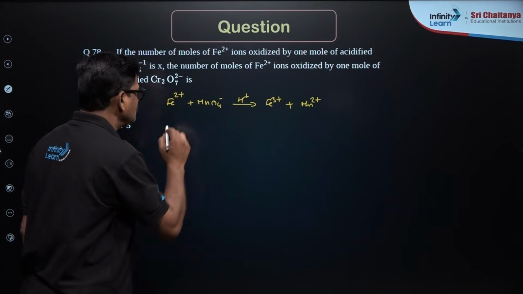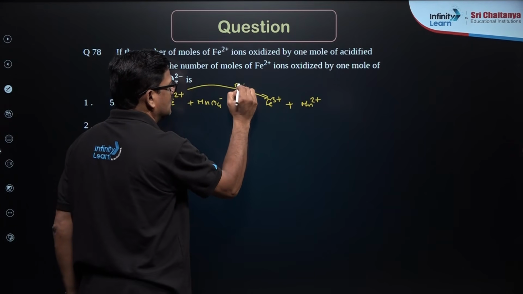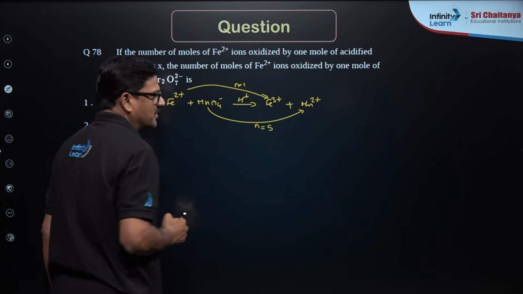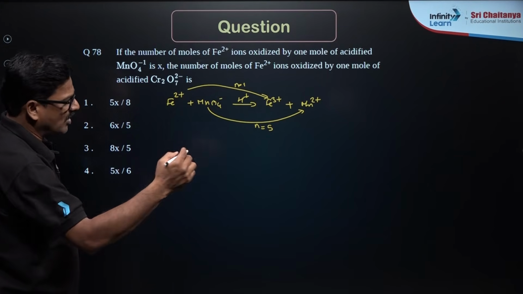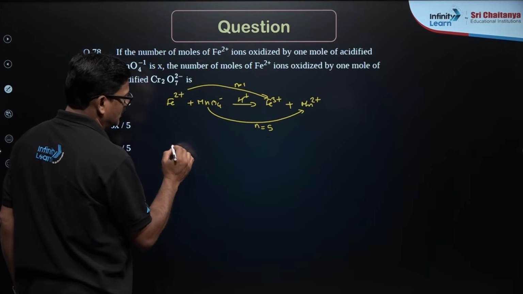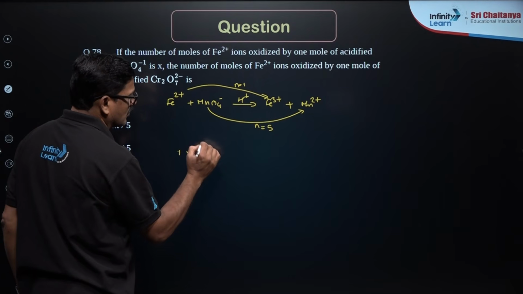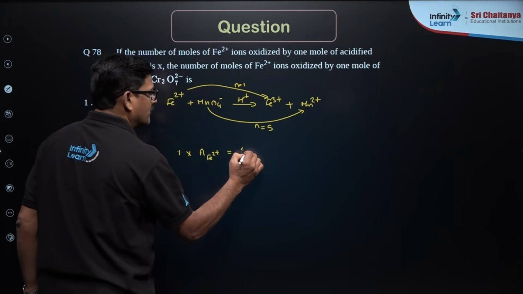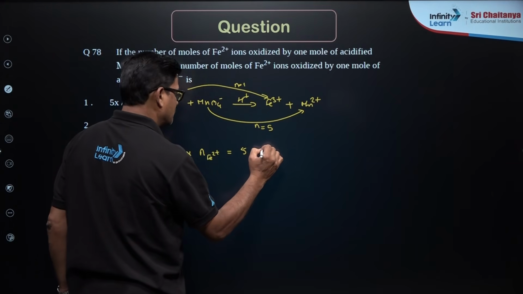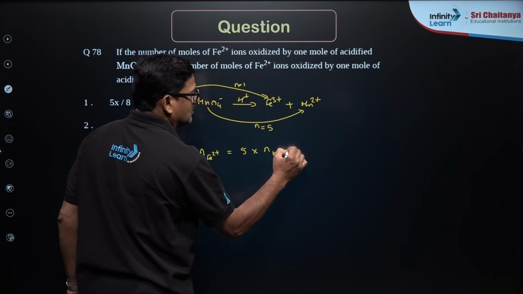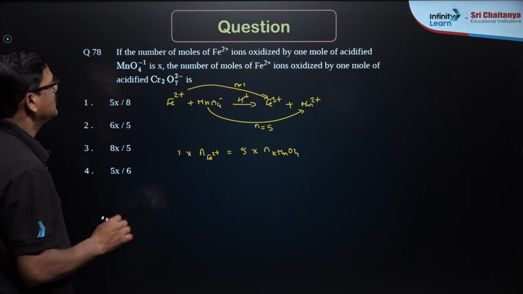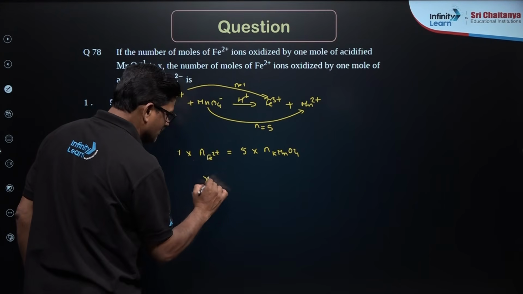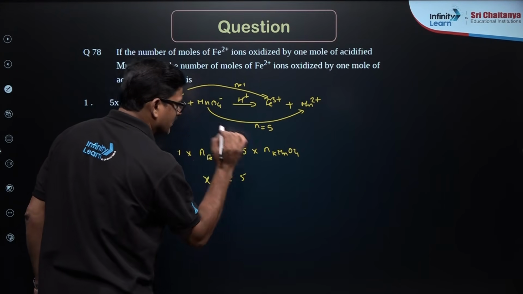From here n is equal to 1 and here n is equal to 5, because manganese is in the plus 7 oxidation state. By the law of equivalence, 1 into number of moles of Fe2+ is equal to 5 into number of moles of KMnO4. So if X moles of Fe2+ is oxidized, it is going to be 5 over X.